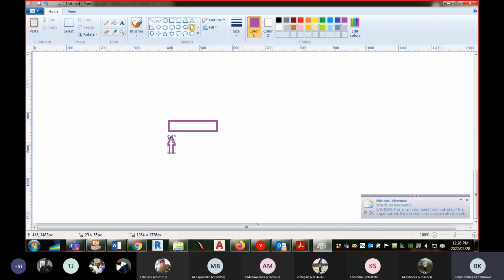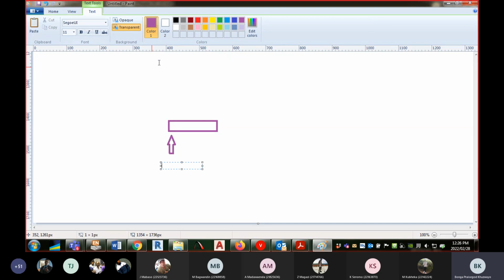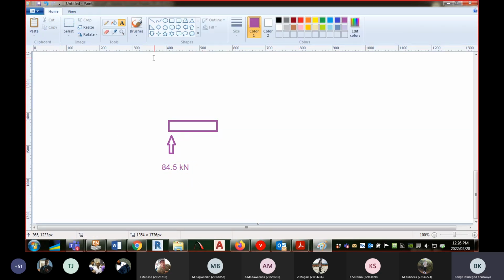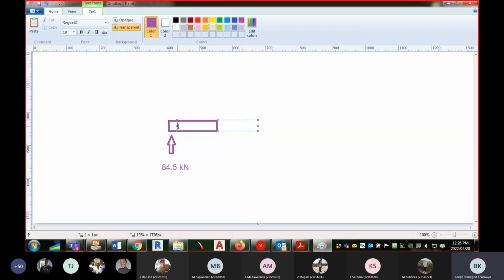We have already established that the support reaction is 84.5 kilonewton. We know that the UDL is 10 kilonewton per meter. And then the section under consideration is there.